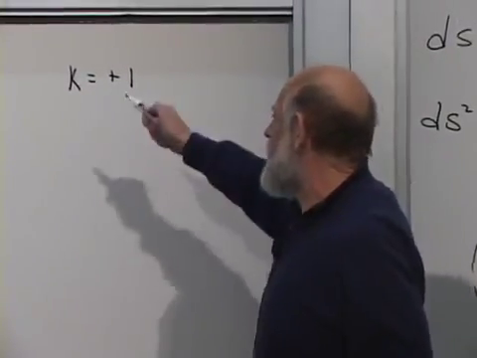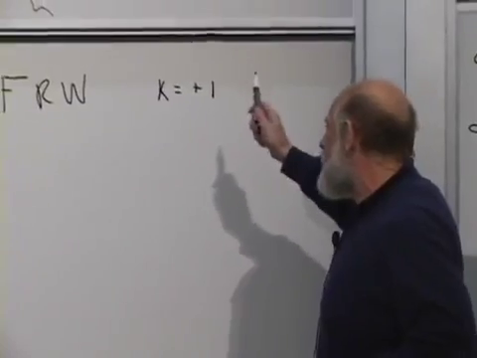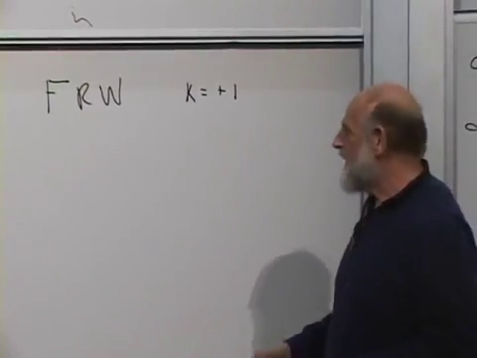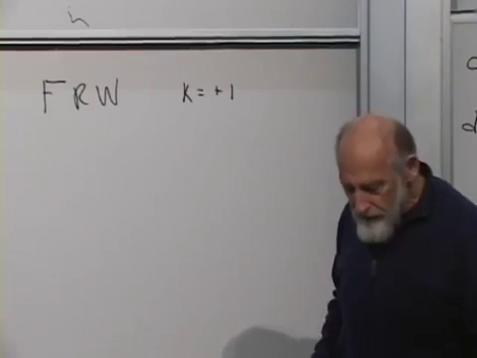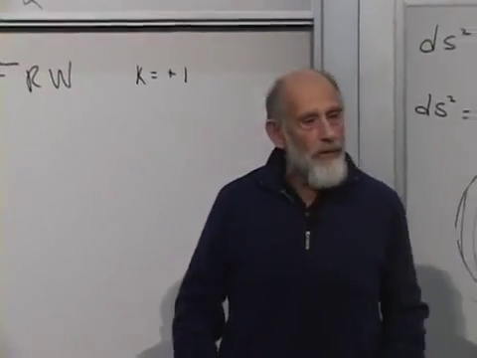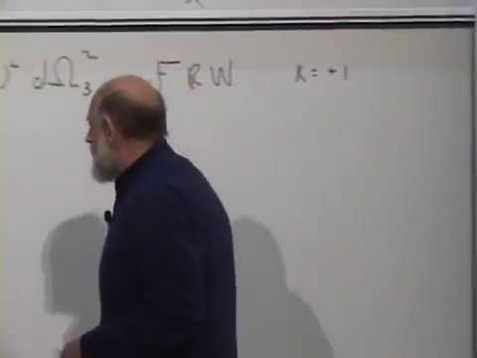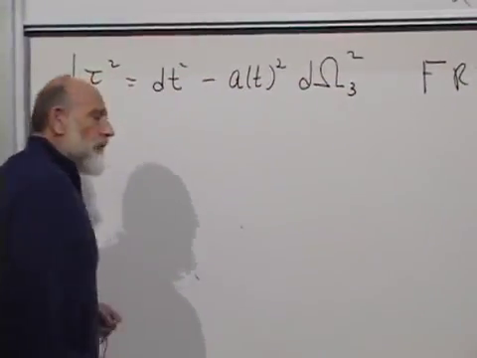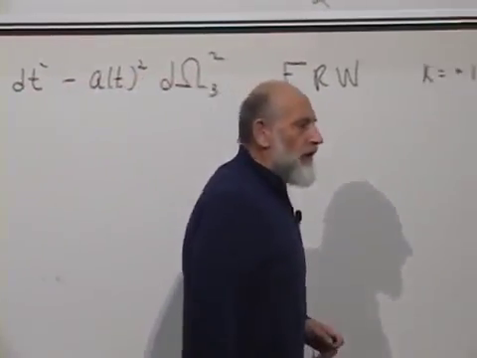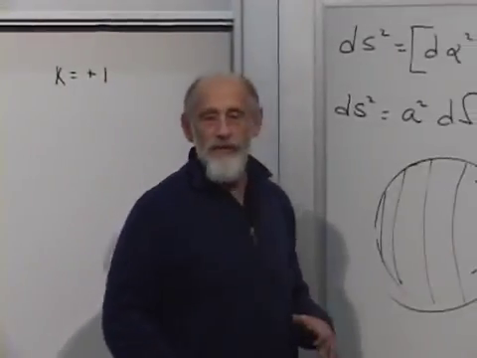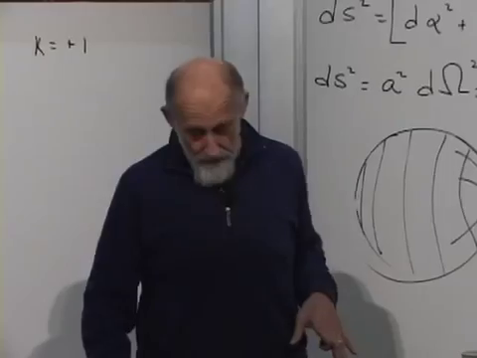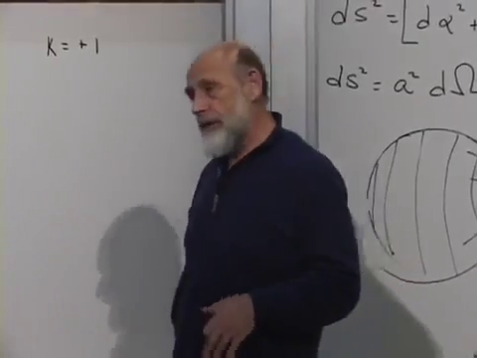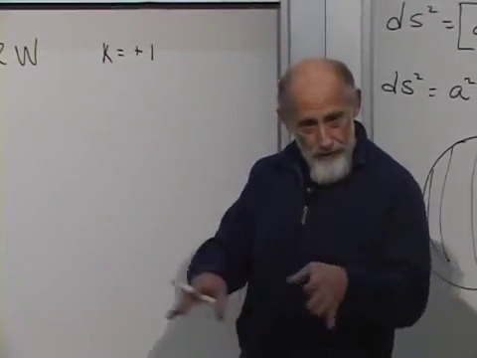Yeah, FRW, this is an FRW k equals +1 universe. It means positively curved and of this special kind. Now let's talk a little bit more about spheres. When you make a map of the Earth, you would like to lay the map out on a flat plane, and you'd like to do it in a nice way that preserves shapes and so forth.